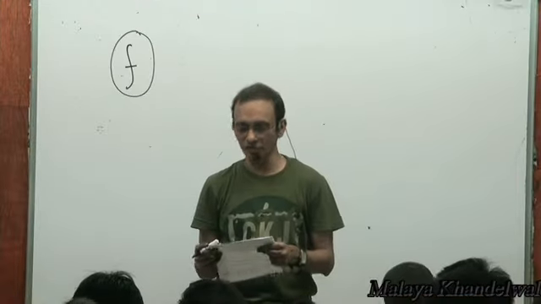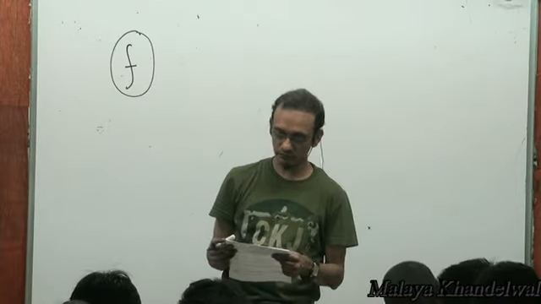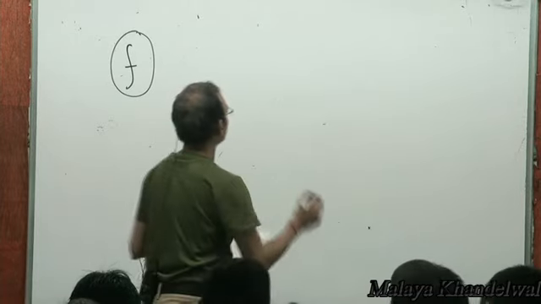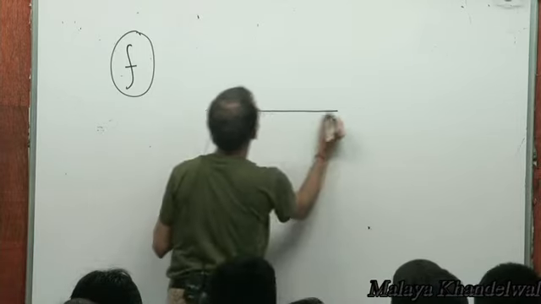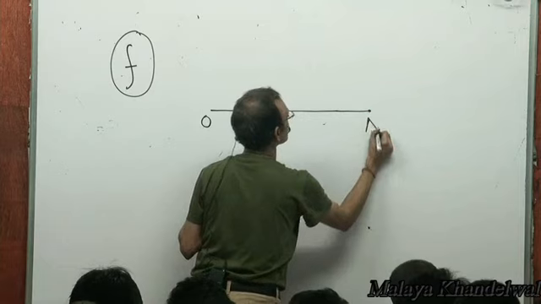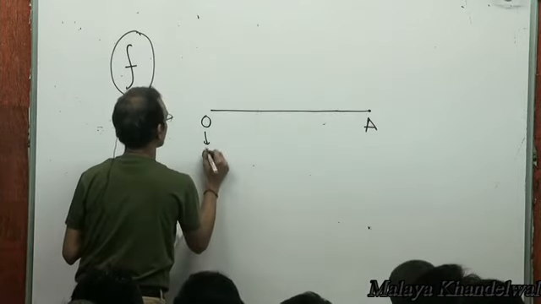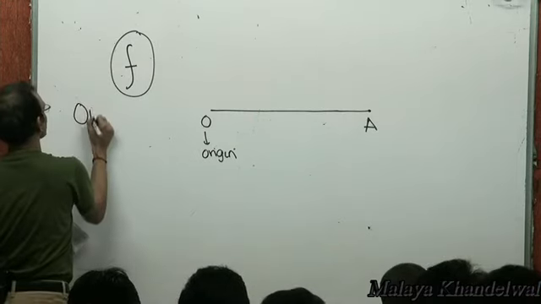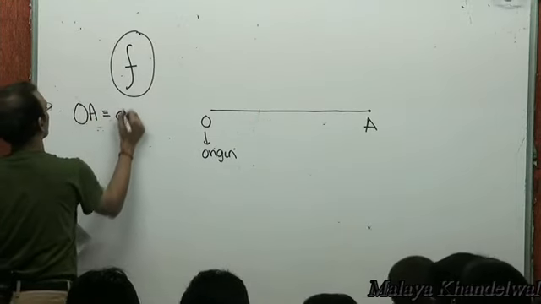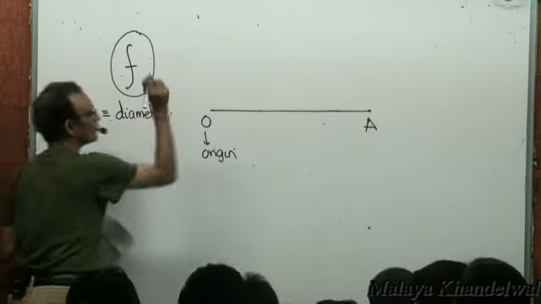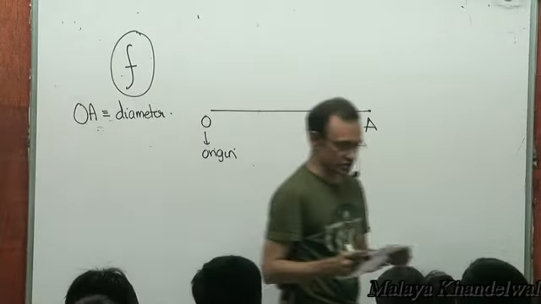A is a point on the Argand plane. O is the origin and OA is the diameter of a certain circle.